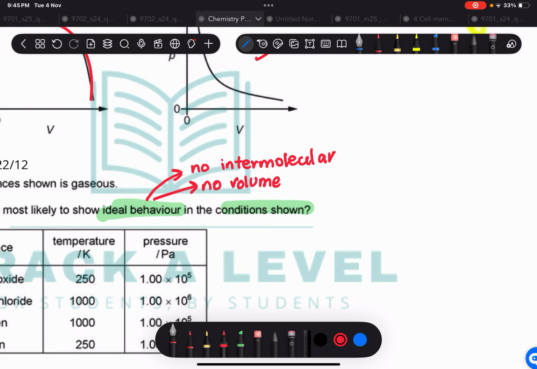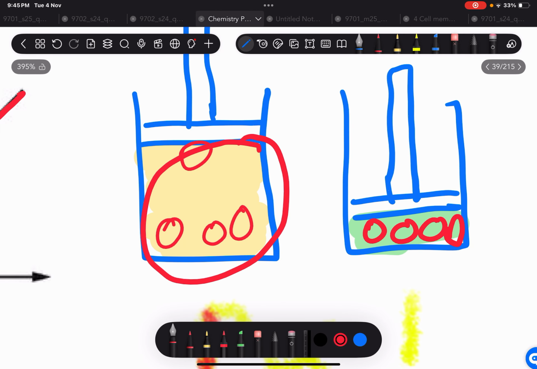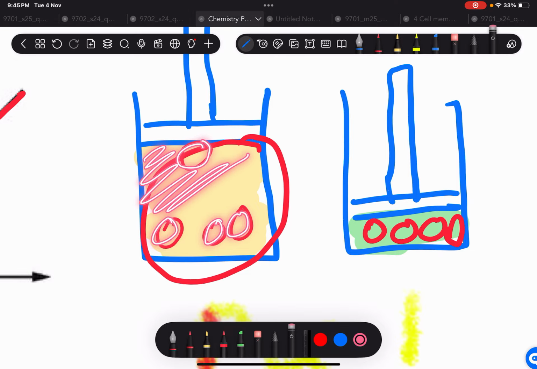If you have a high pressure, what's going to happen? Though volume decreases, it's going to become non-negligible. If you compare over here, 4 particles are here. This is all free volume. So over here you can consider these 4 particles negligible.